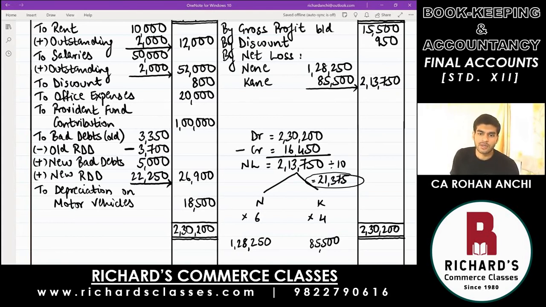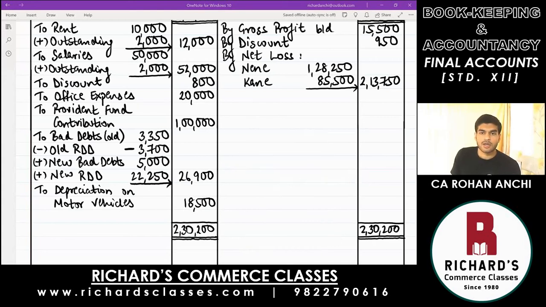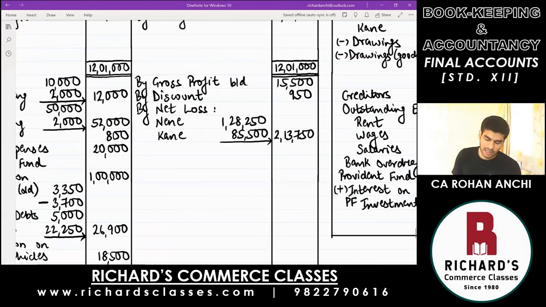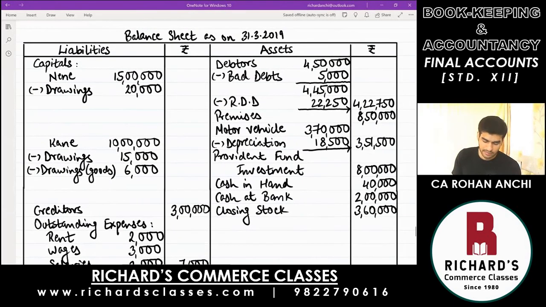Have a look, everyone. Are you getting the same figures? Net loss after distribution has been written in the inner column. Yes, sir. Then net loss means now the owner's wealth is going to reduce. Their wealth in the business is here on the liability side under capital.